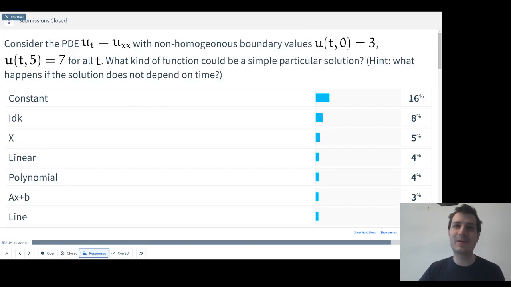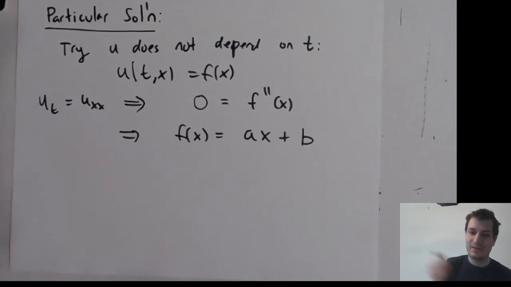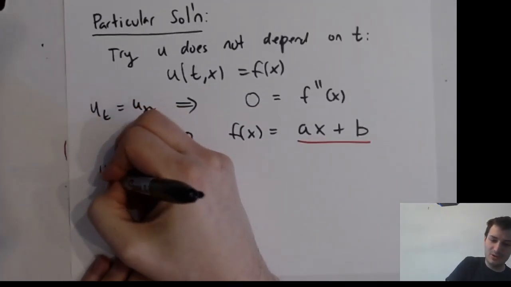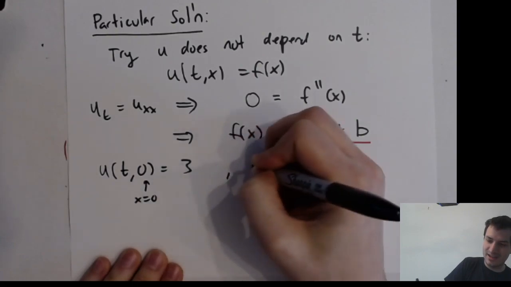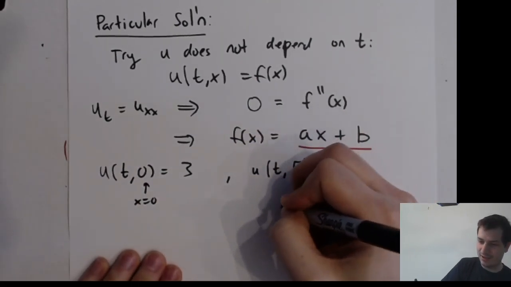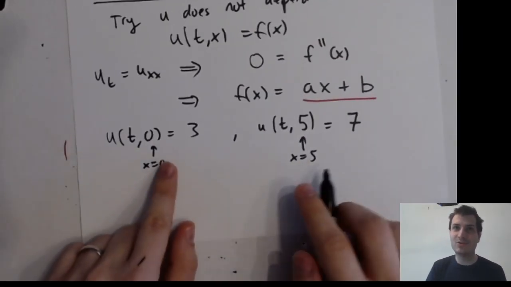And the reason is because we have ax plus b, and we want to match the non-homogeneous boundary values. u(t, 0) equals 3. This is at x equals 0. And u(t, 5), this is at x equals 5, equals 7. And so to match these, you've got two equations with two unknowns.